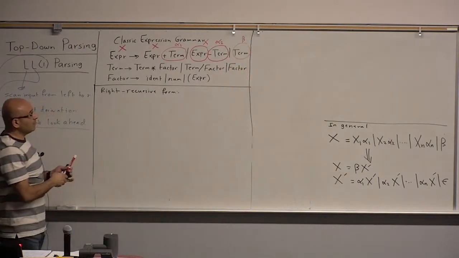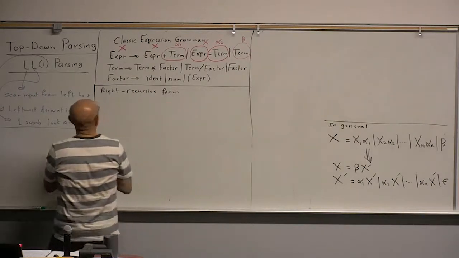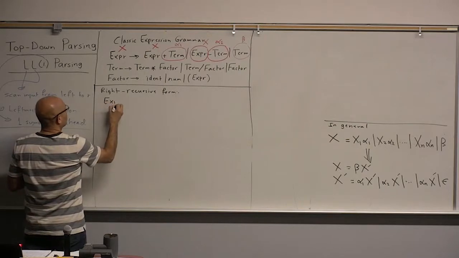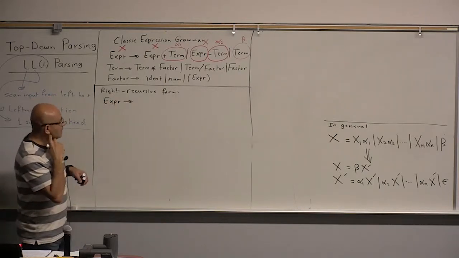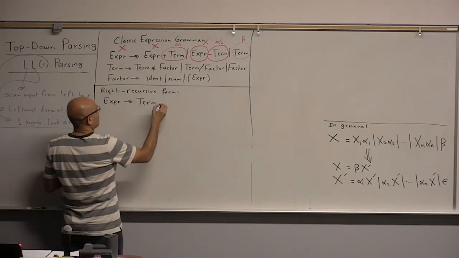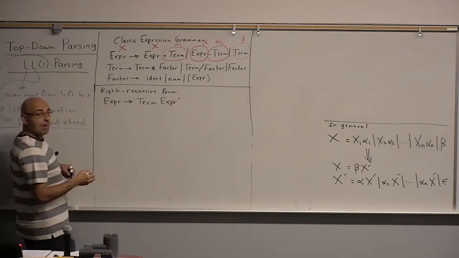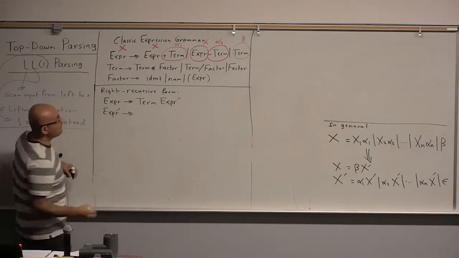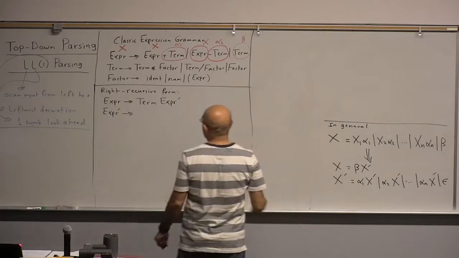Now, based on this rule, what should be the right recursive form of the grammar? Expression equals term expression prime, where expression prime is, so alpha 1 x prime.